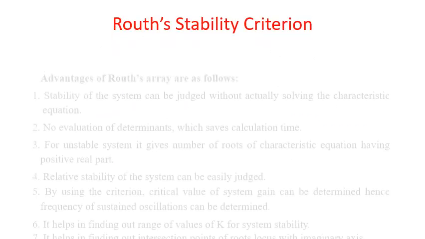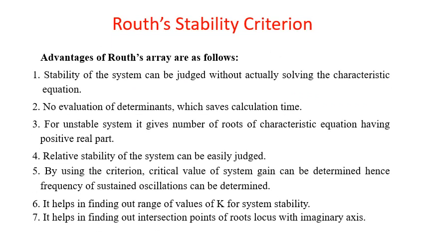Next, Routh stability criterion has various advantages. The advantages of a Routh array are as follows. The stability of a system can be judged without actually solving the characteristic equation, which we have observed. Then no evaluation of determinants, which saves calculation time.